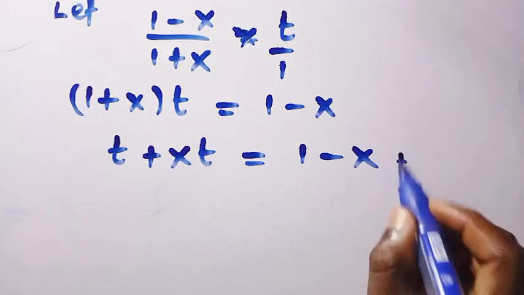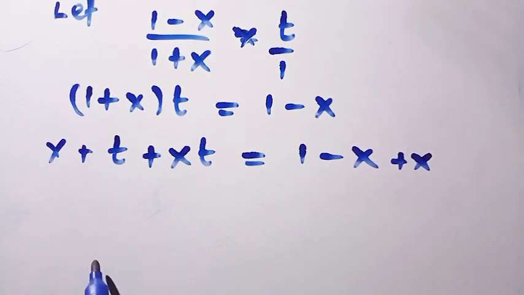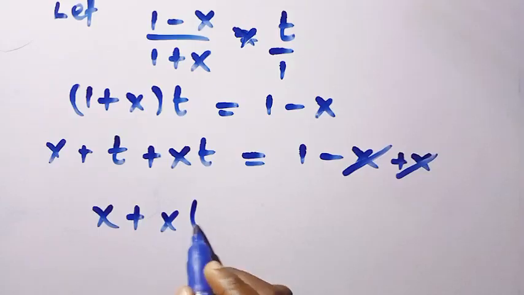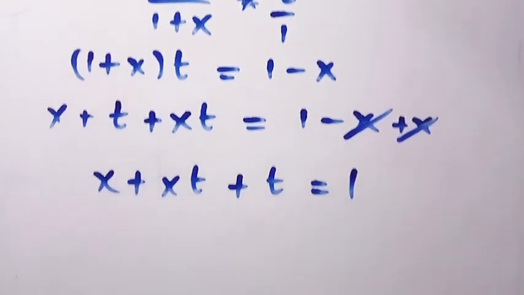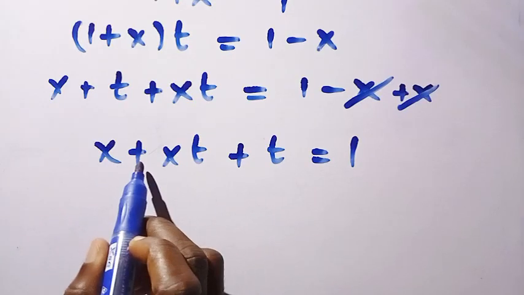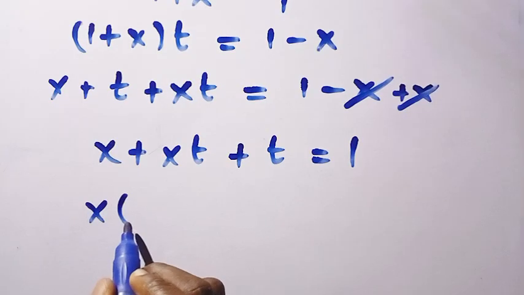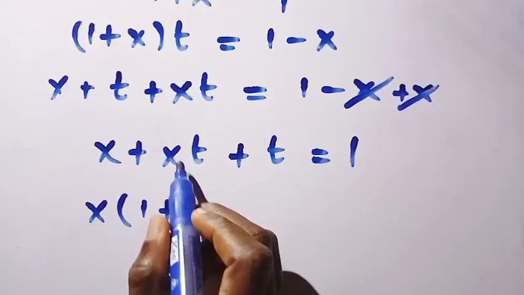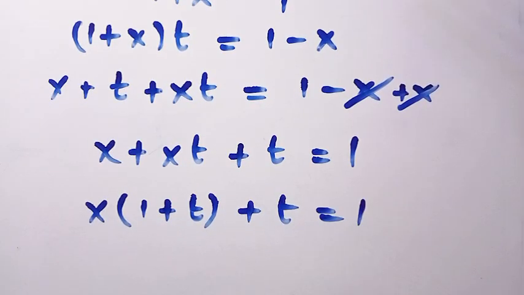Minus x plus x cancels, and we have x plus xt plus t equals 1. Then here is x plus xt. Let's factor out x. By taking out x from here, we are left with x into bracket 1 plus t, plus t equals 1.